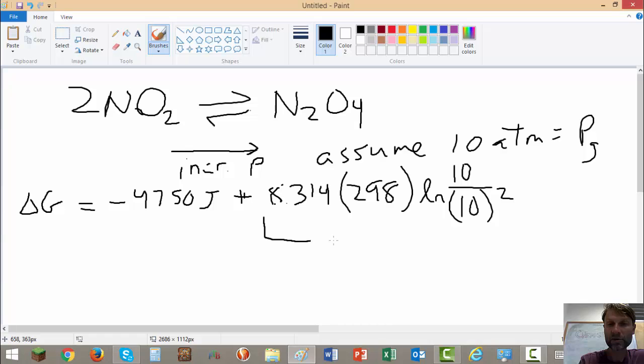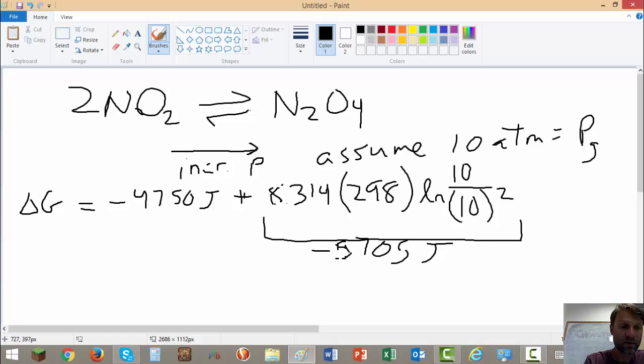And so now this whole term right here, because it's the natural log of a number less than 1, is negative: minus 5705 joules.